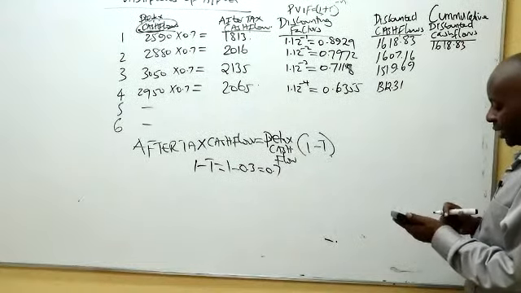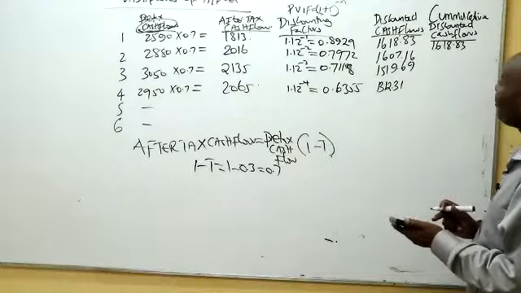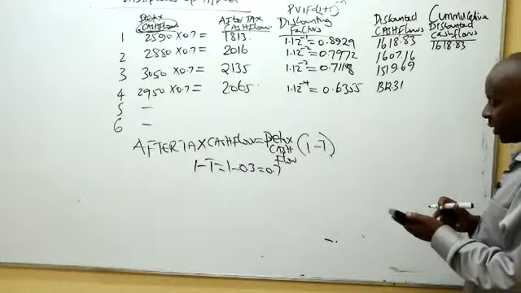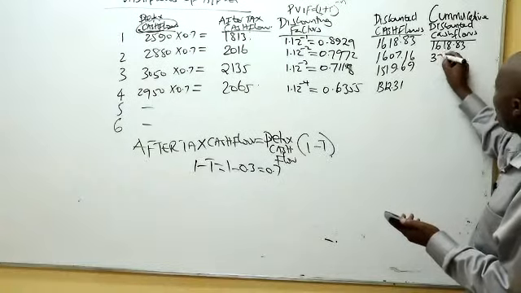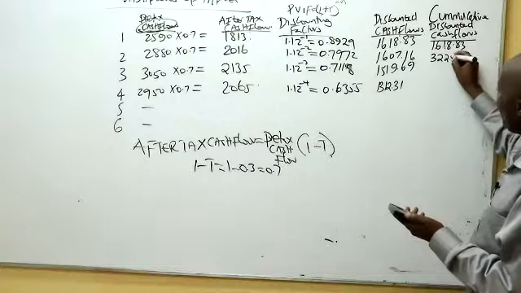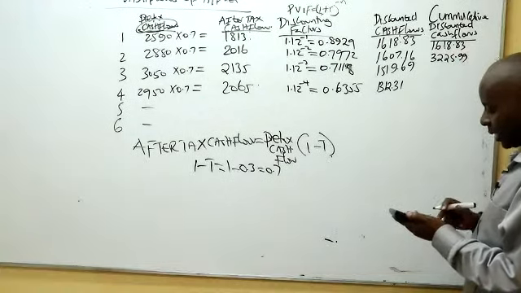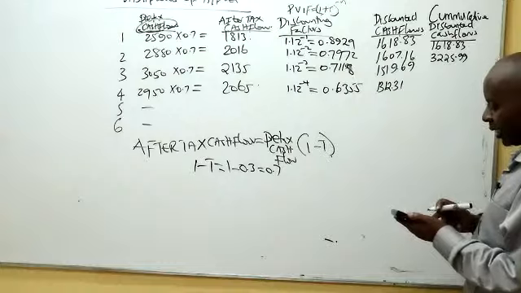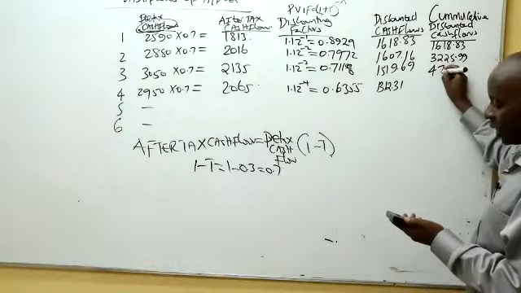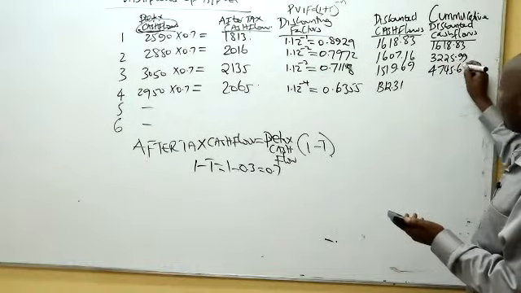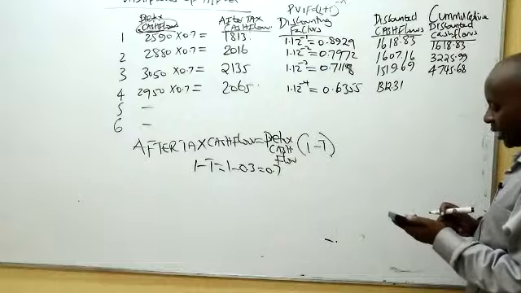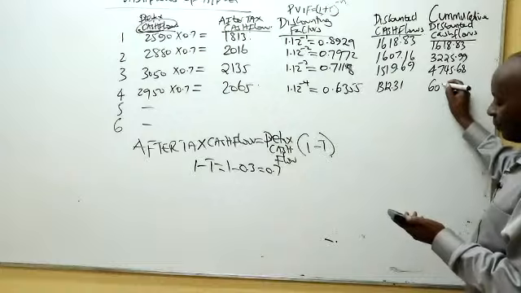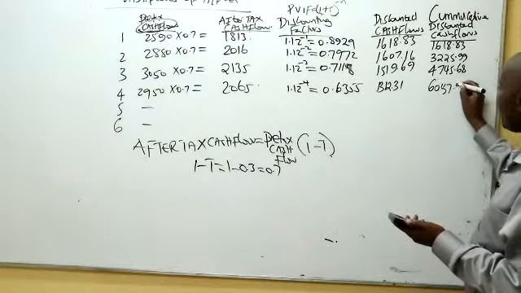So we have here 1618.83 plus 1607.16 equals, I'm getting 25.99 plus 19.69 equals, I'm getting 45.68 plus 12.31. I'm getting 57.99.